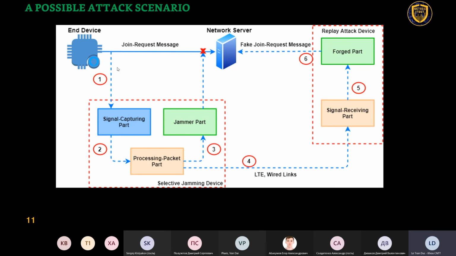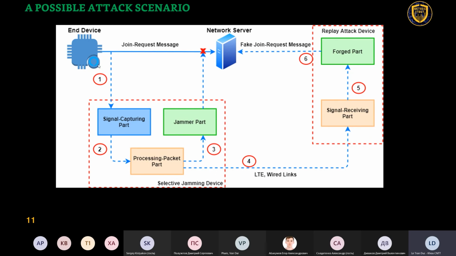This module captures the packet from the end device to the network server, and then that packet is processed at the processing module, where the important parameters and information are extracted.